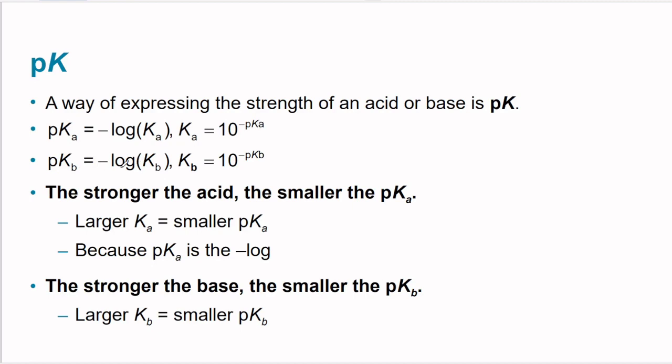The pKb is the negative log of the Kb, and we can get the Kb back out as 10 to the negative pKb. The stronger the acid, the smaller the pKa, because pKa is the negative log. And the stronger the base, the smaller the pKb, because larger Kb is equal to smaller pKb.